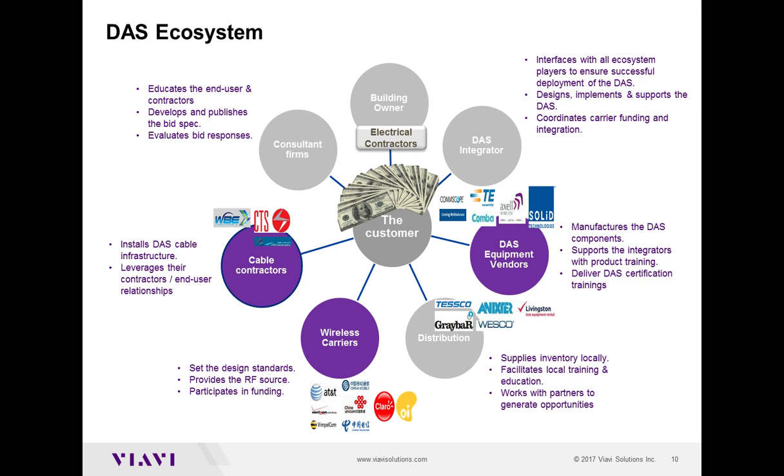Then there are the consulting firms doing the design work and putting the plans together. Then you have the building owners who work with the contractors for their building. Then DAS integration companies do cable installation, testing and so on, and then DAS equipment vendors like CommScope, Comba, Axell, Solid.